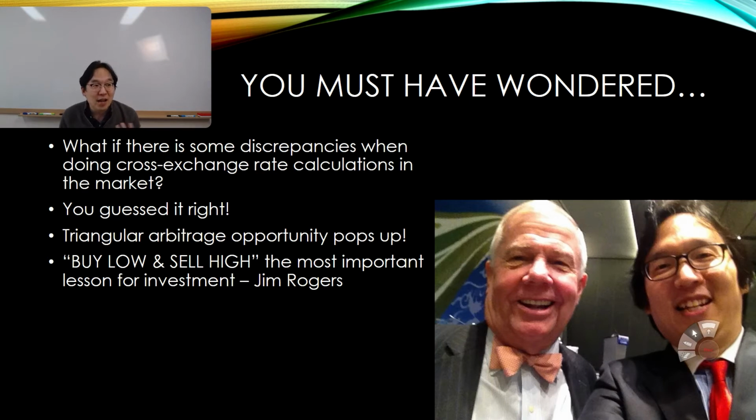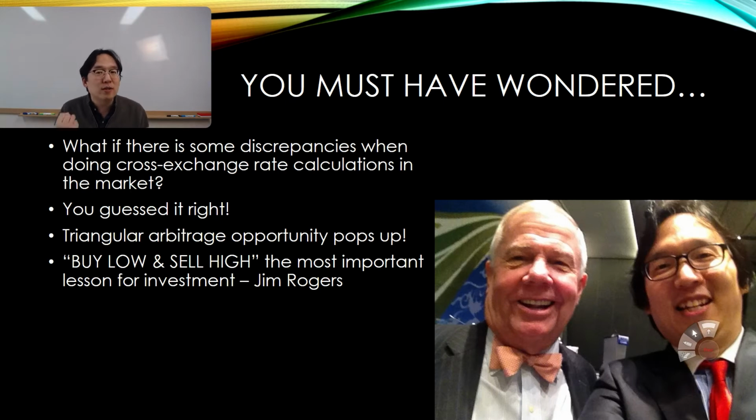Aha! If that happens, there could be some arbitrage opportunities. You guessed it right. If that is found, what do you do? Buy low, sell high. Arbitrage, strictly speaking, is riskless with no cash outlays in the first place. But the essence of it is buy low, sell high.